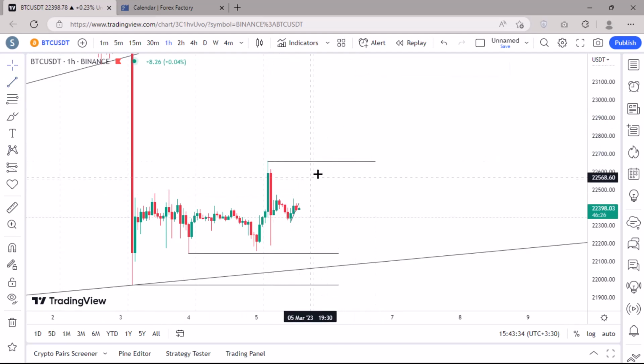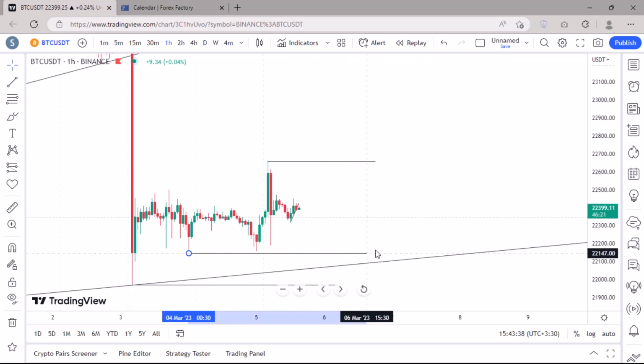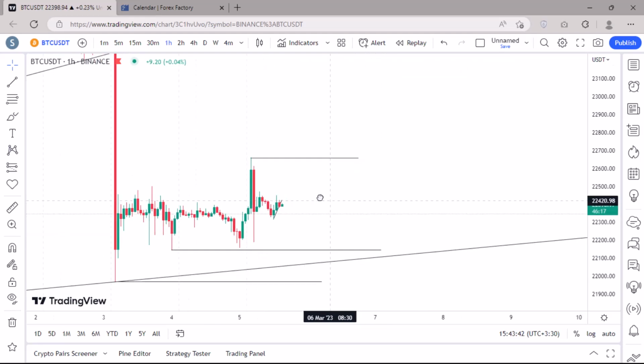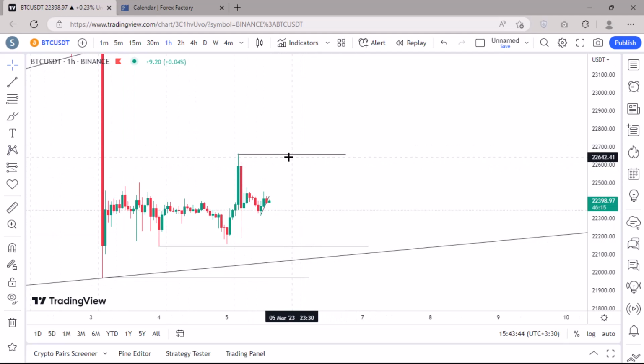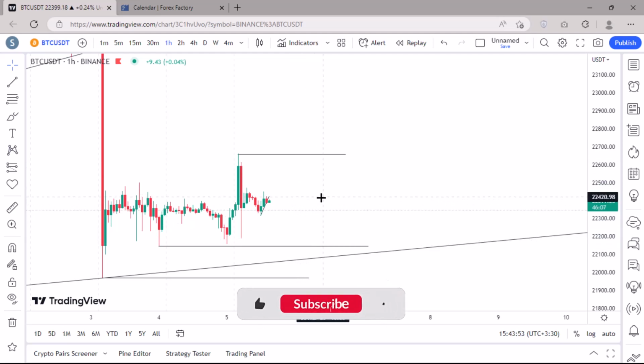If we see some nice candles on this resistance or this support line here, we can actually have some movements in the price. If we see some red candles here or some pin bars, or even here some green candles and some pin bars, we can go for long or short positions.